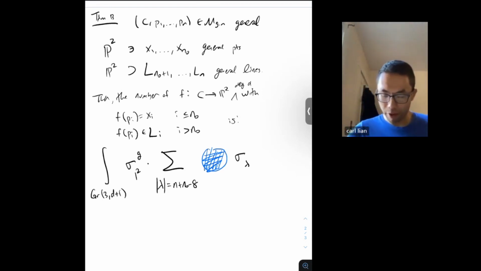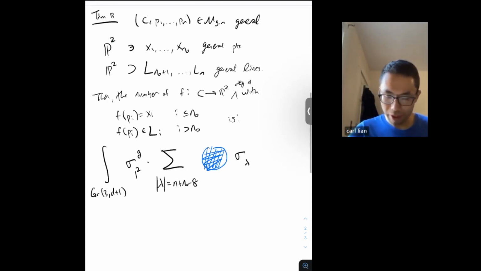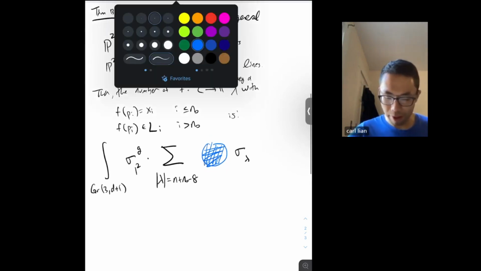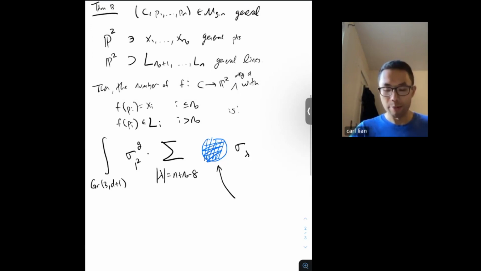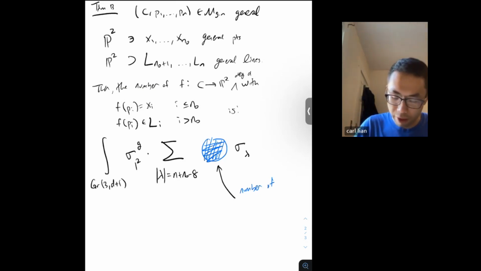So in this formula, this blue symbol here means that this is some integer which I will not explain. This is some coefficient. So I won't explain what this is, but let me just say approximately what it is. This number is supposed to count, so it's a positive integer, and this is a number of semistandard Young tableaux of shape lambda avoiding certain patterns.